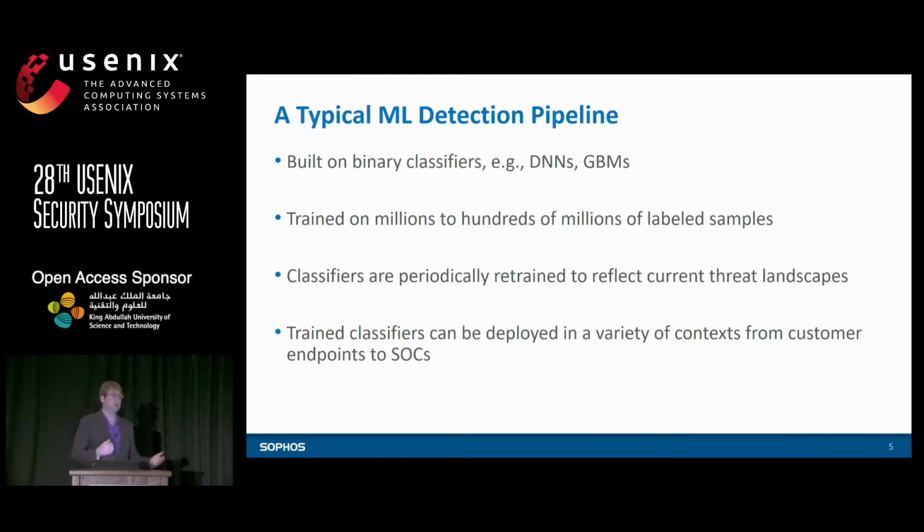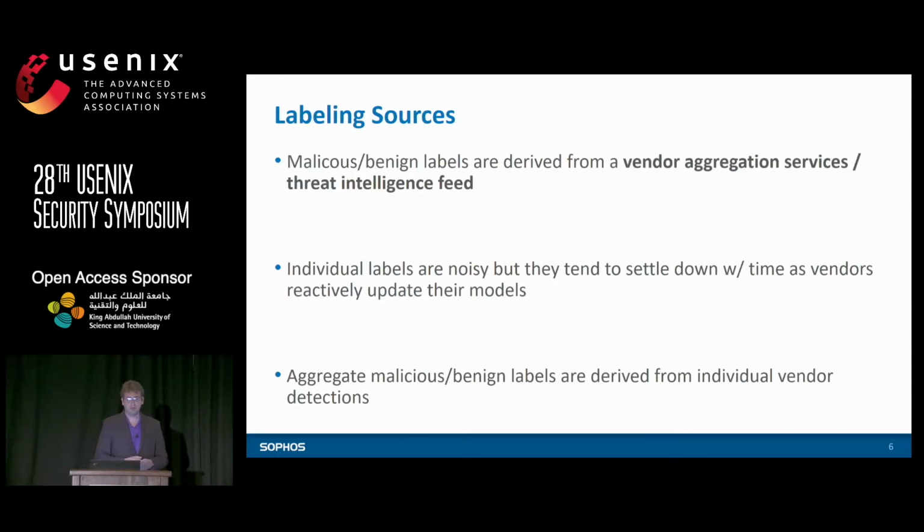The classifiers are also periodically retrained to reflect evolving threat landscapes, so they're not just trained once. New versions are rolled out over and over again. And the trained classifiers can be used in a variety of contexts. They can be deployed on customer endpoints or in security operations centers or in the cloud. It doesn't really matter for the purposes of this talk.